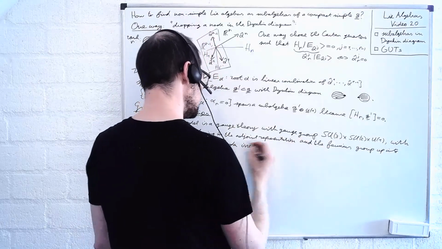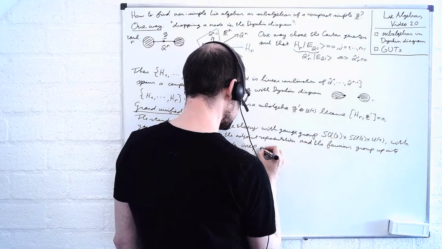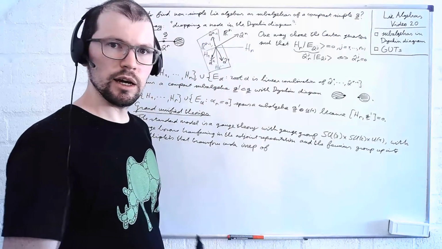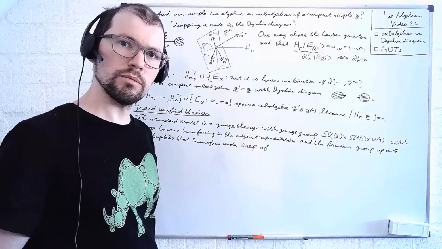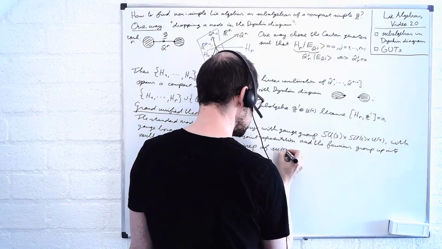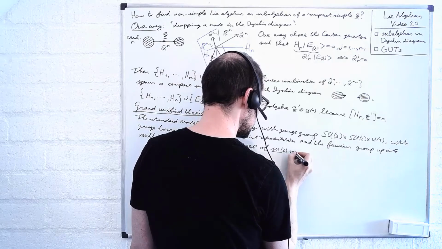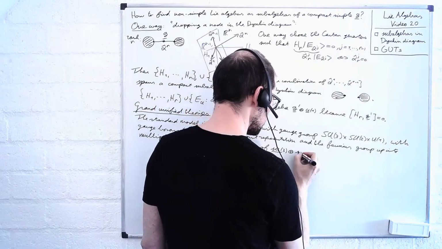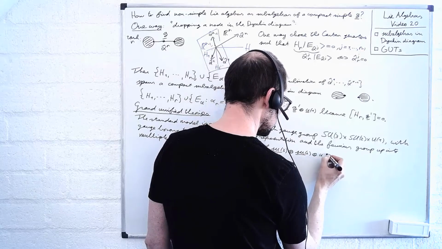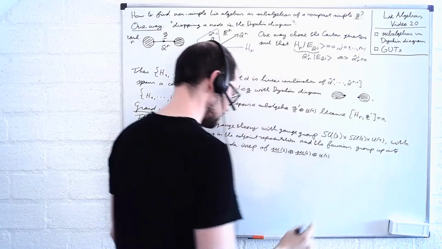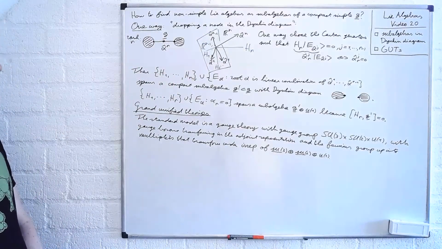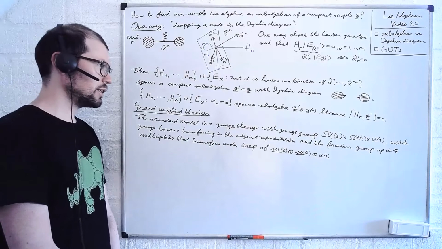So what is the corresponding Lie algebra? So if I have a product of groups, the Lie algebra is going to be the direct sum of the Lie algebras of these. So of SU3, direct sum SU2, direct sum U1. Okay, so that is the standard model in a nutshell.